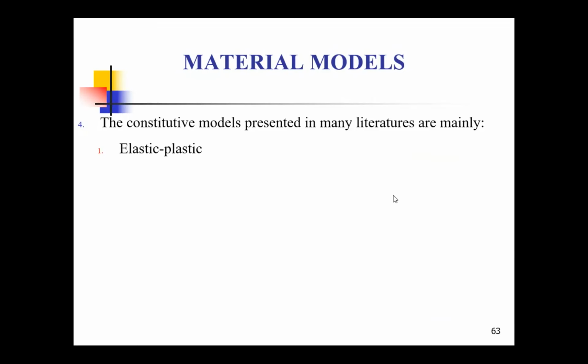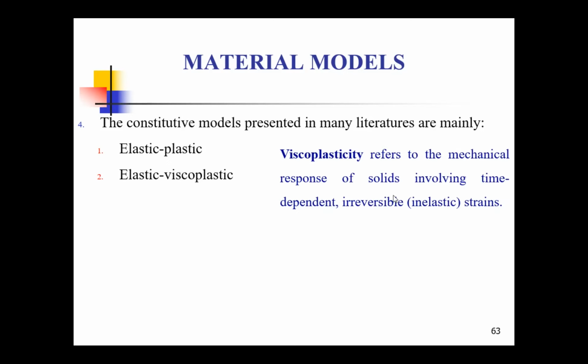So what are the different constitutive models that are used in the literature? Elastic plastic, then elastic viscoplastic. What is viscoplastic? Viscoplastic behavior is time dependent and has irreversible strains. Plastic means once we remove the load, it will not go back to its original position.